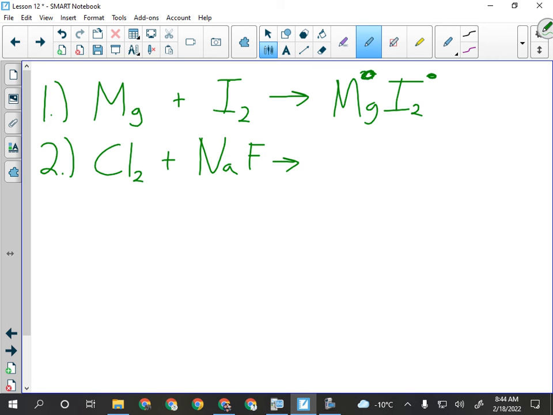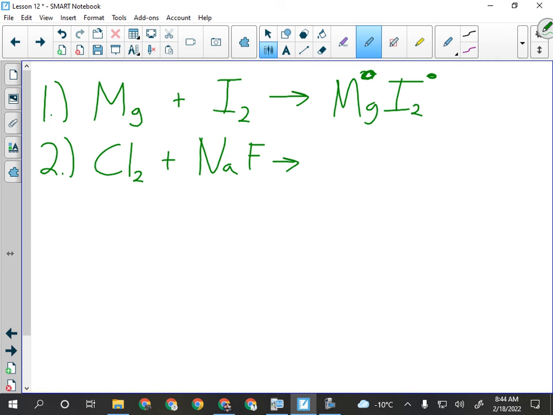Single replacement. I have an element reacting with an ionic compound. All right. In a single replacement reaction, what happens? They switch elements. Okay, they switch elements.